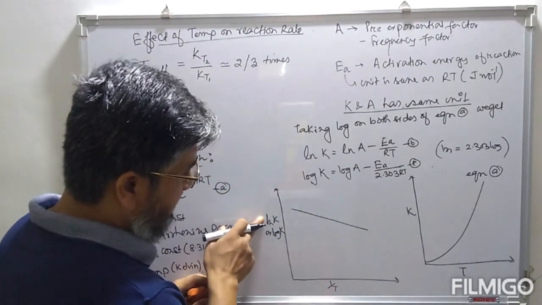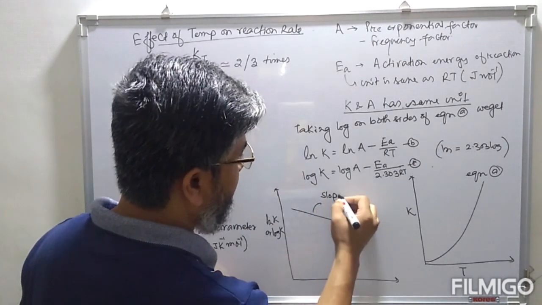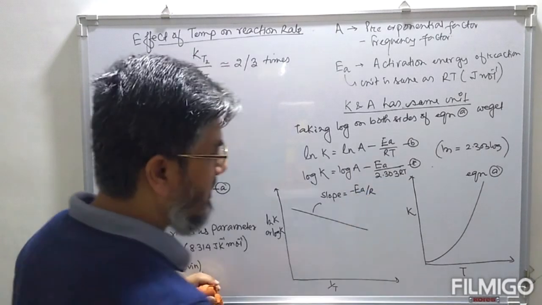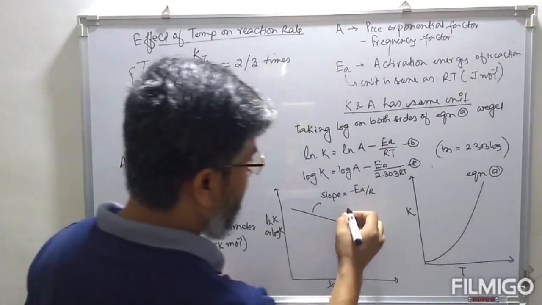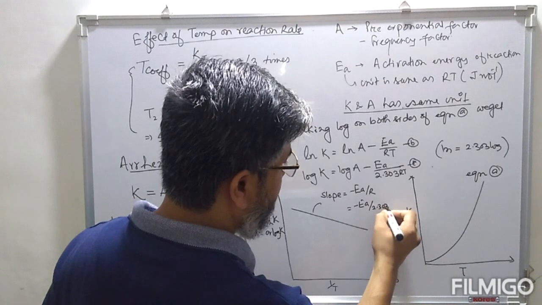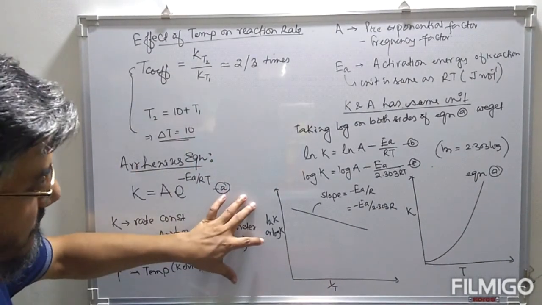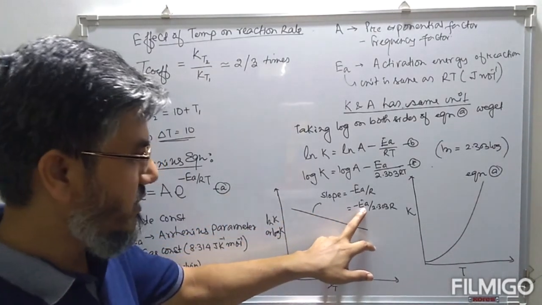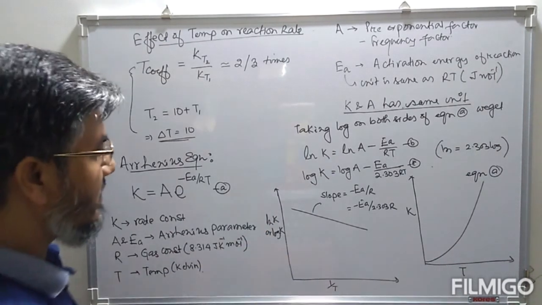If you are using ln K versus 1 by T, then the slope of the graph is minus EA by R. If you are using log K versus 1 by T, then the slope will be equal to minus EA by 2.303 R. That means from the slope of the graph, we can define the activation energy of the reaction, provided we know the values of ln K and 1 by T.